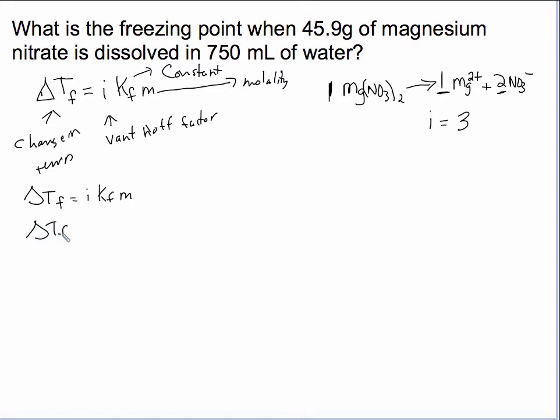So I'm going to start figuring out all these things and plugging them in. i is 3. Kf is the freezing point depression constant, equal to 1.86 degrees Celsius over little m. Now that's just the units.